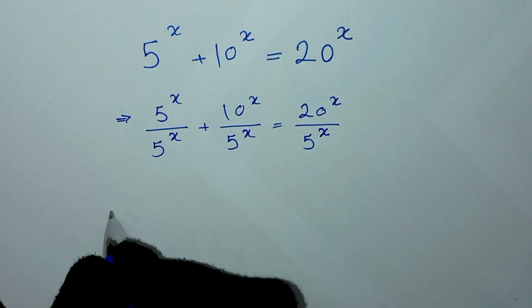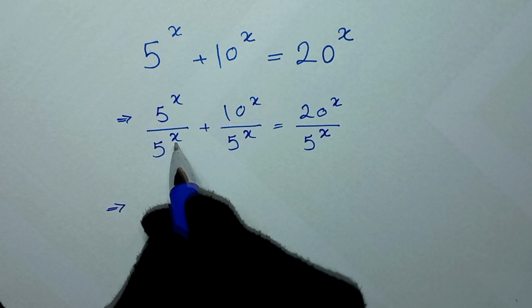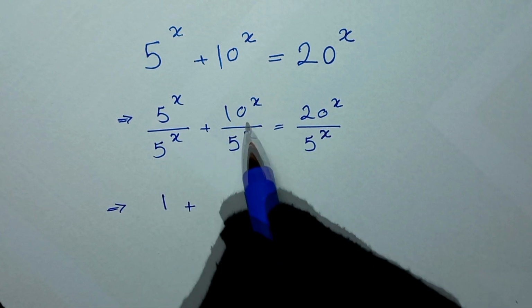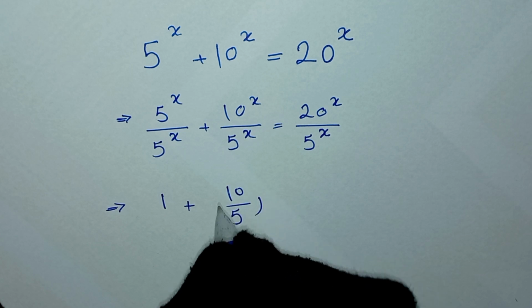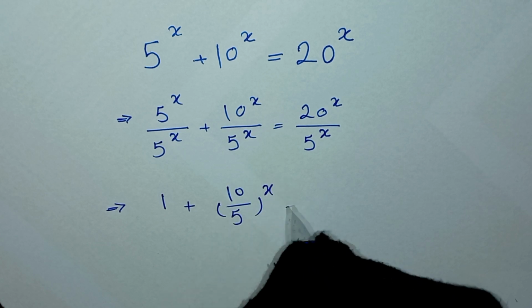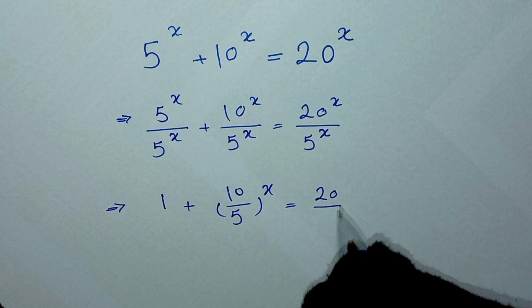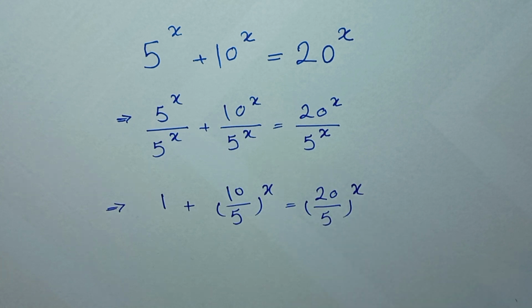And in here, 5 to the power of x divided by 5 to the power of x will be 1, plus 10 over 5 to the power of x is equal to 20 over 5 to the power of x.